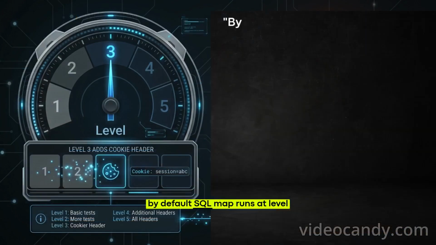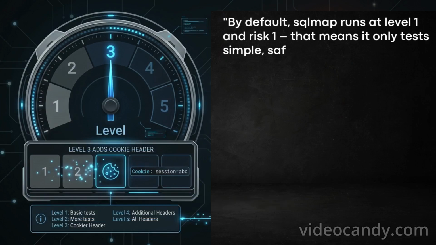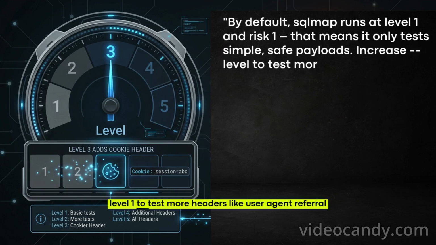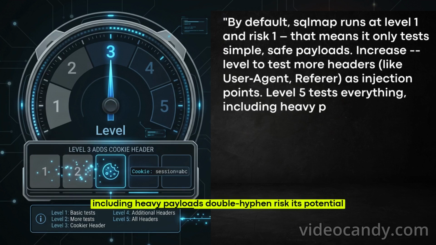By default, SQL Map runs at level 1 and risk 1. That means it only tests simple, safe payloads. Increase double hyphen level to test more places, like headers such as user agent and referer, as injection points. Level 5 tests everything, including heavy payloads.